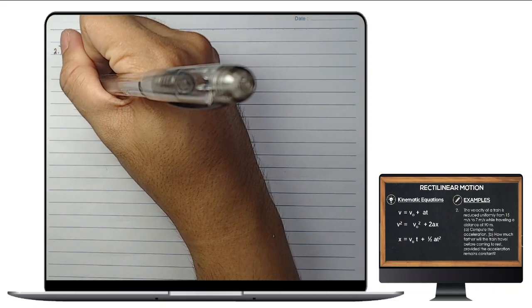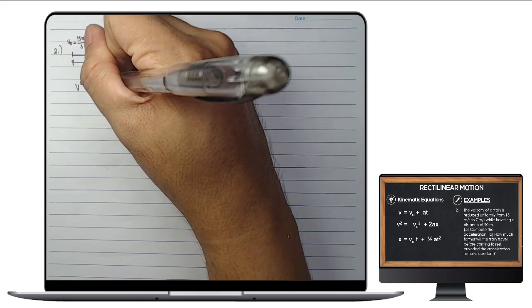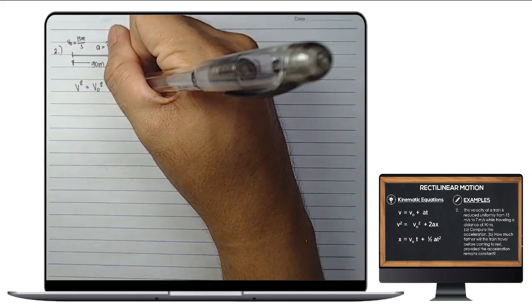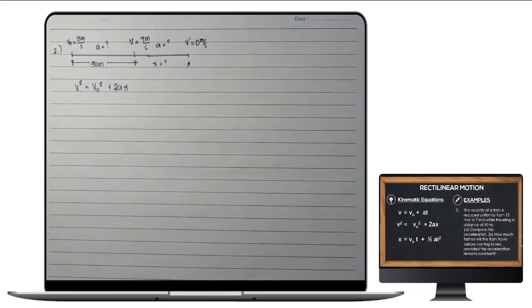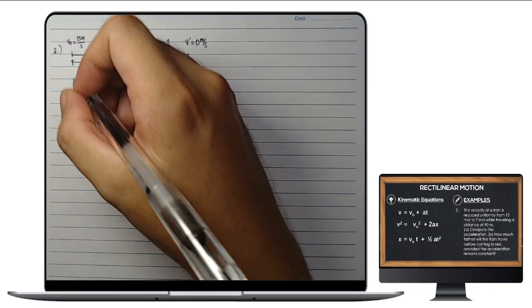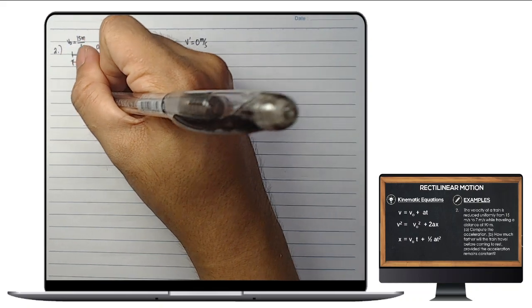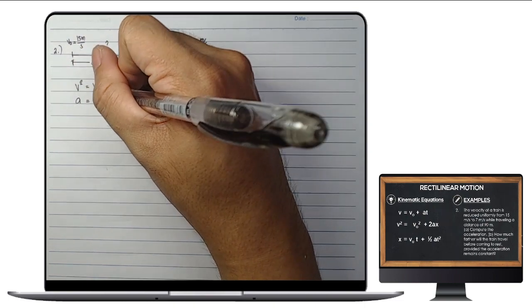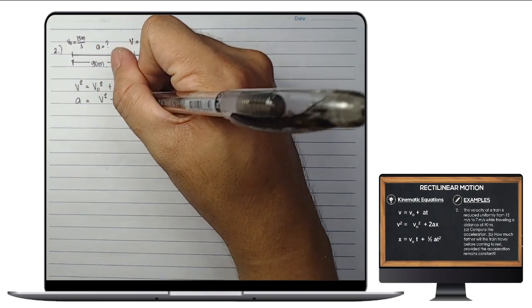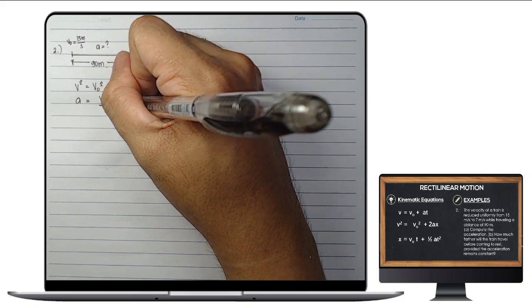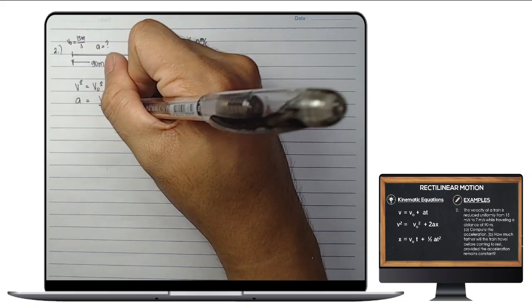So we have v square is equal to vo square plus 2ax. Since we want to find the acceleration, that is v square minus vo square divided by 2x.